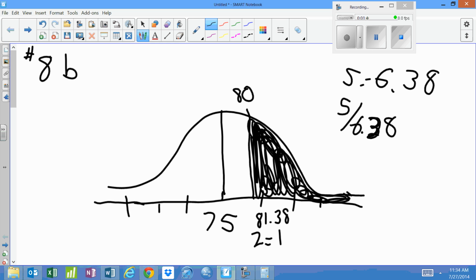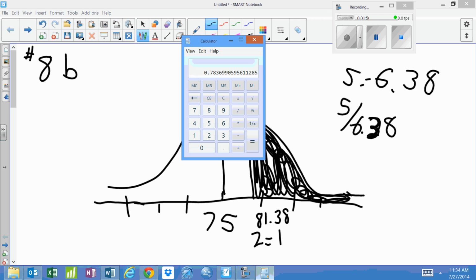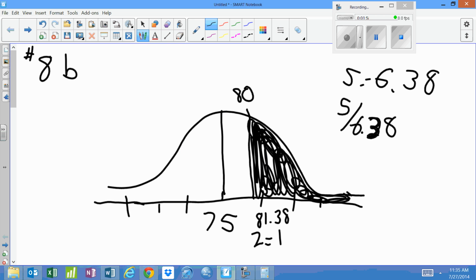That's going to tell us how far away it is in our z-score. So 5 divided by 6.38, and we're going to get about 0.78. So that tells me that 80 gives me a z-score of 0.78.